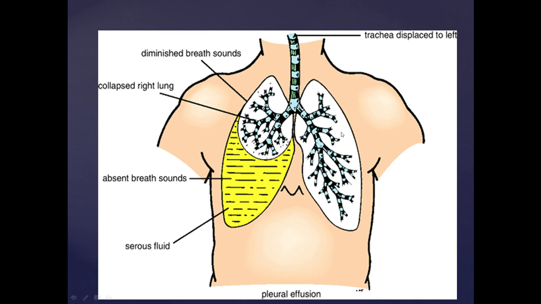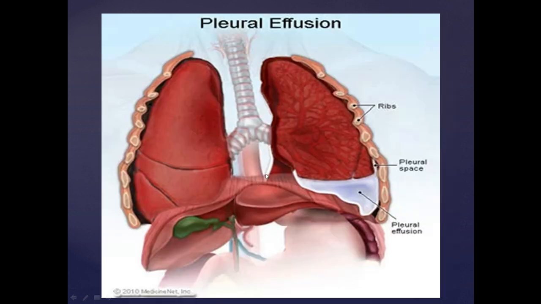See in this slide, the right lung is collapsed, and here is the accumulation of the fluid. This is pleural effusion, and the breath sounds would be absent. You can see one more slide in which there is accumulation of fluid, that is a pleural effusion.